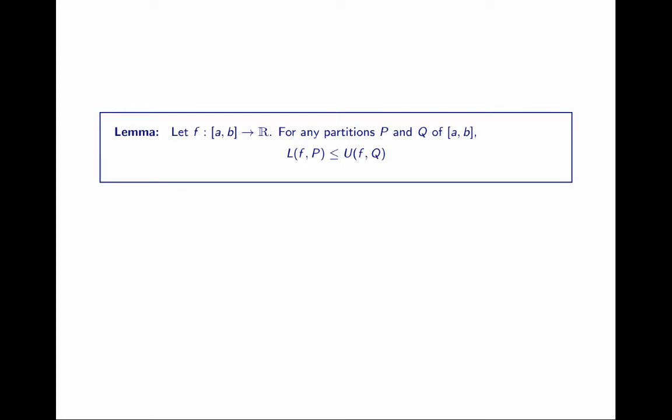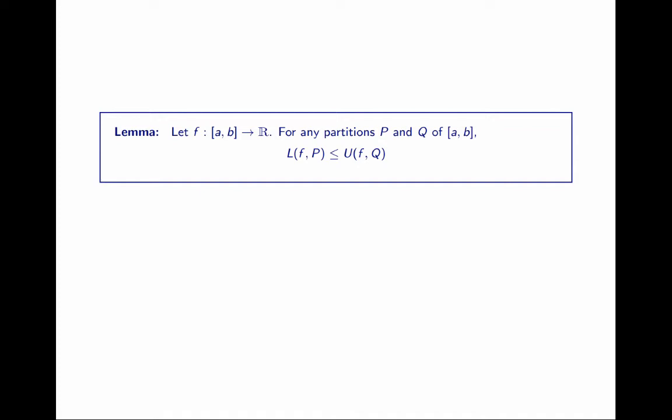Now, suppose I have a function from the closed interval [a, b] to R. For any two partitions P and Q, the lower sum of f over the partition P is less than or equal to the upper sum of the same function over a different partition Q. Of course, it's clear that if P and Q are the same partition, the upper sum is greater than or equal to the lower sum, because I would have a sum of rectangles that have the same width, but the upper sum has greater heights because the upper sum takes the supremum as the heights, the lower sum takes the infimum as the heights.